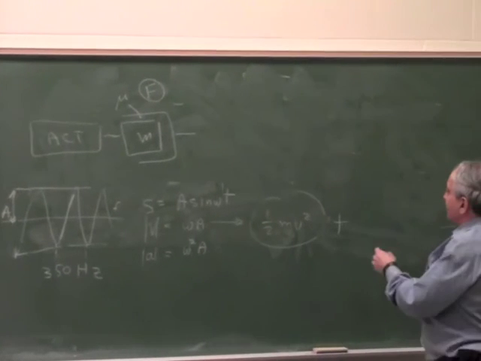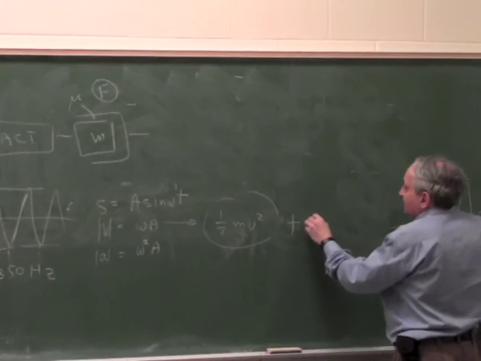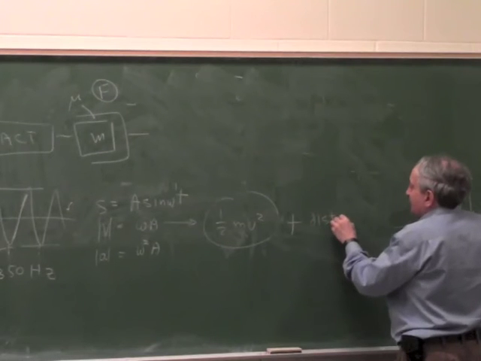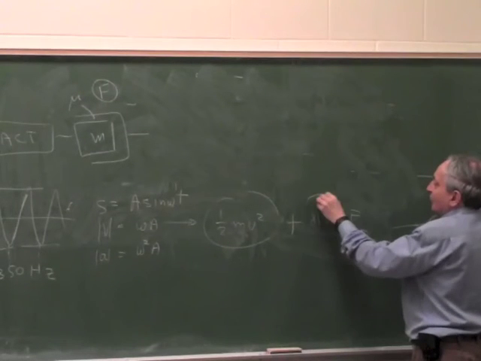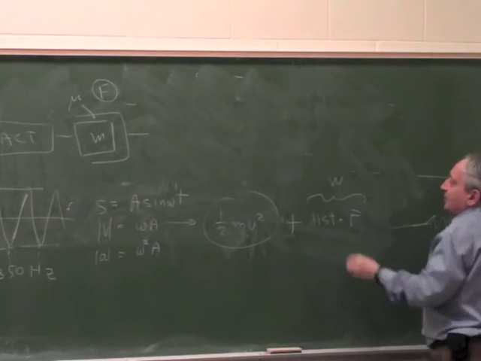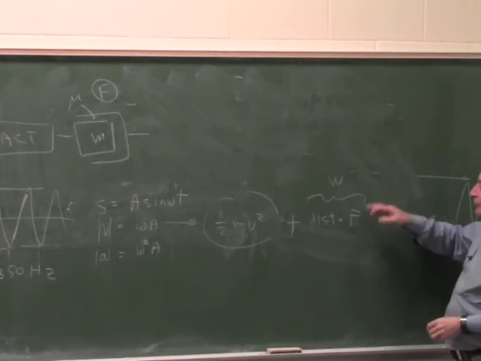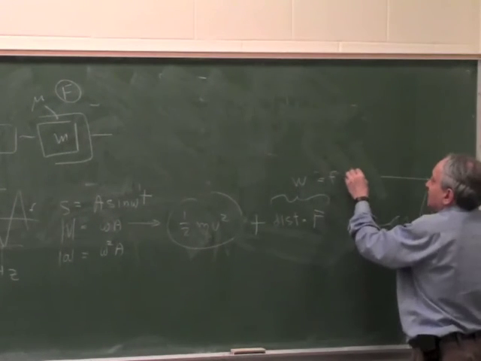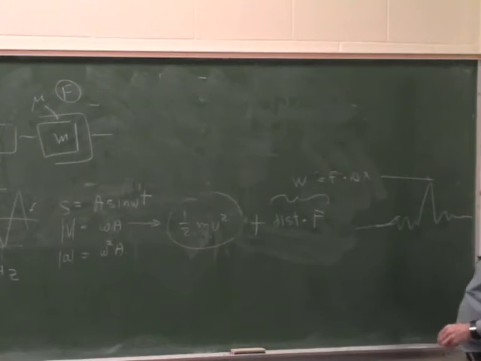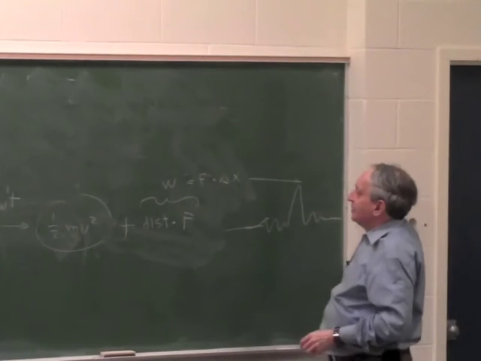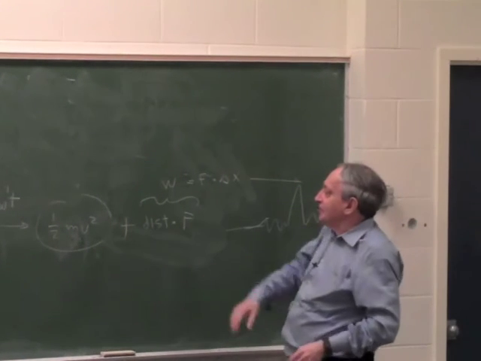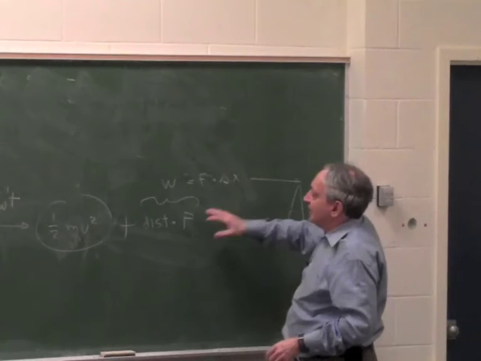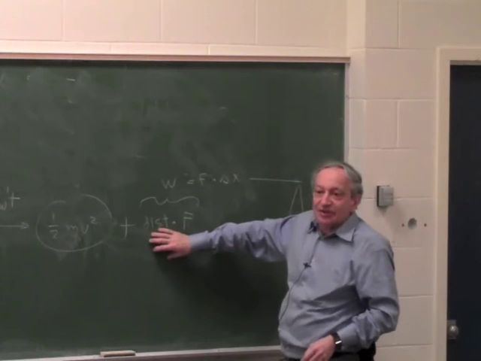So basically the losses here is distance times force, because this is work. Work is force times distance, right? Work is F times delta x. So if you have a force acting against you when you have to move delta x, you have lost energy.